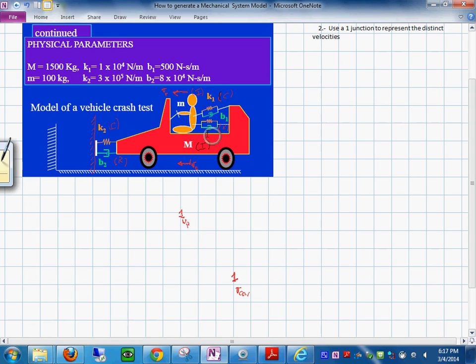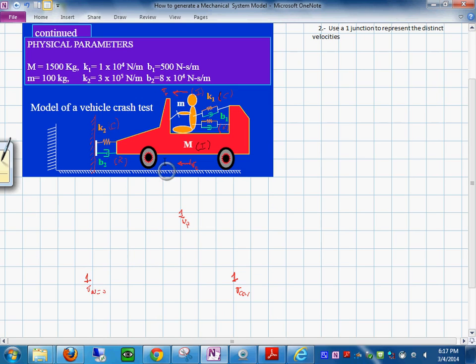So those are the two independent bodies that have velocities. But also keep in mind that we need a reference point. I think it's constructive to write that we have a velocity of the wall equal to 0 as another one.